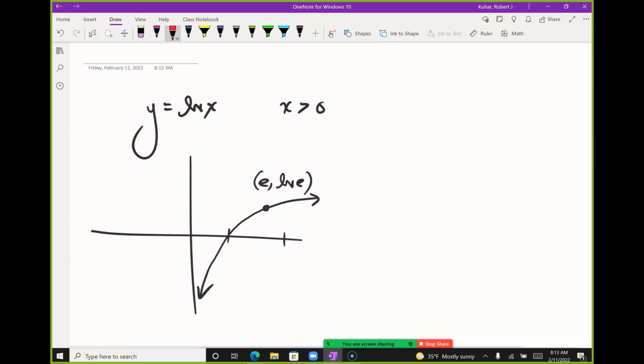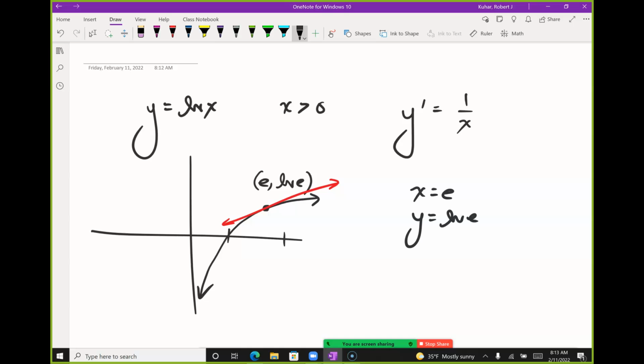So we want the tangent line at e, ln of e. What's the derivative? What's y prime? It's 1 over x. So we've got our x. We said x is e. We know y is ln of e, which is 1. And m is y prime at e, so 1 over e.